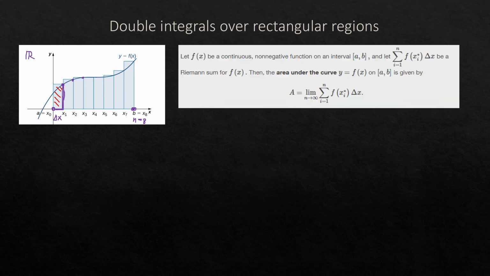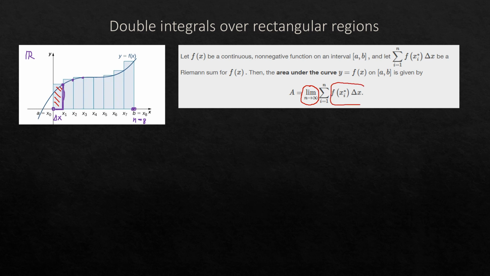So here's your definition from Calculus 1. We say that the area under the curve of a function on an interval from A to B is given by the limit. So we have a limit as n goes to infinity, so we have more and more rectangles. Summation, so this is us summing up the areas of those rectangles.